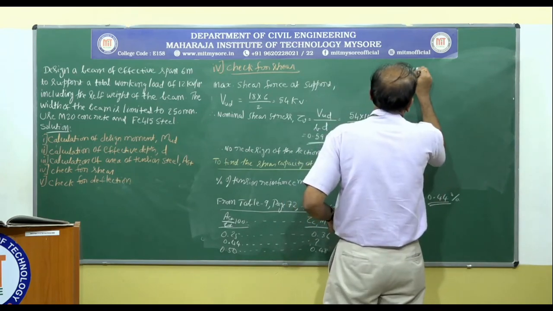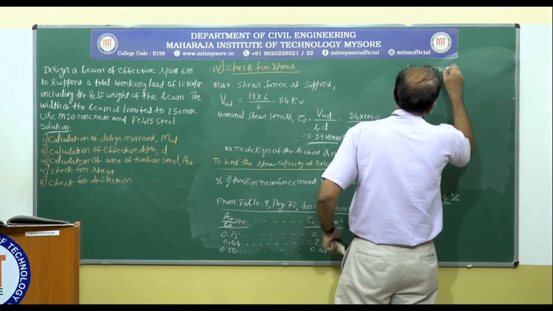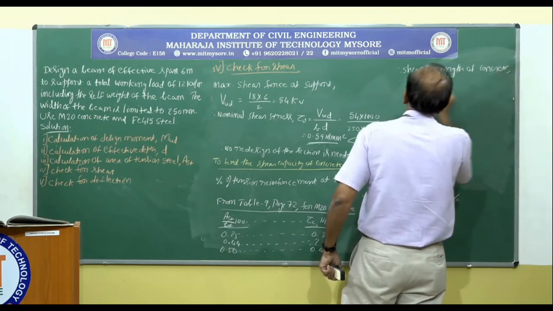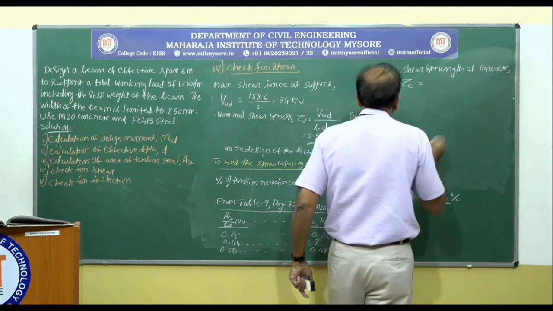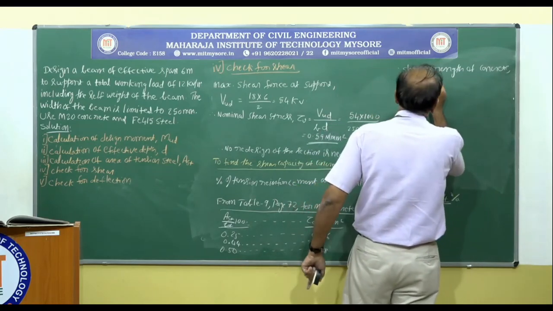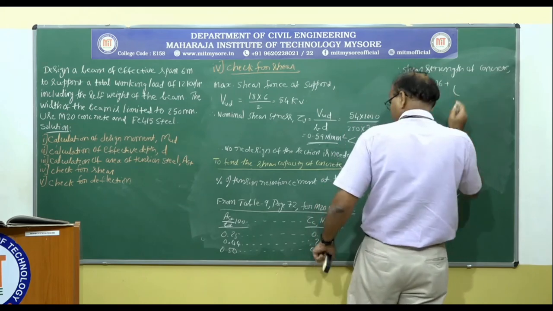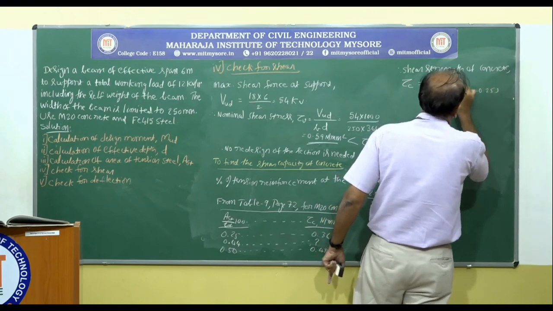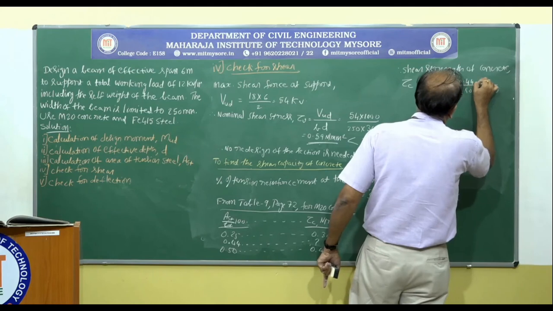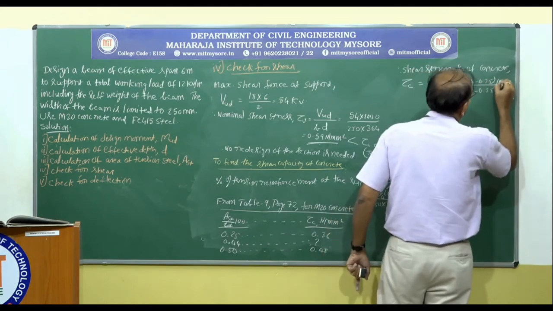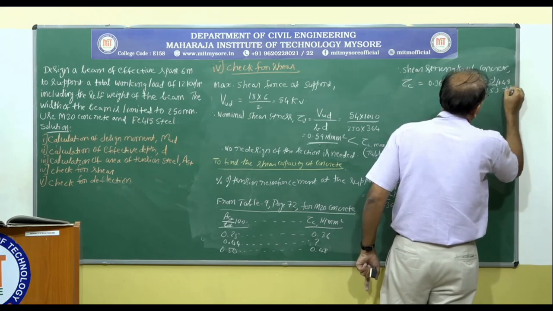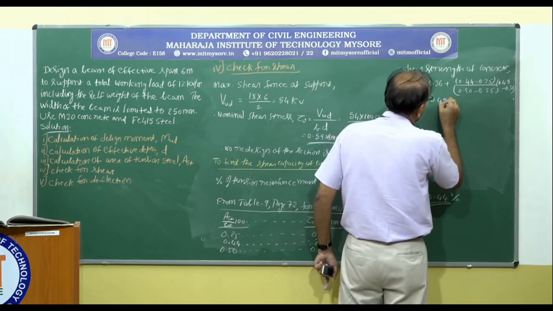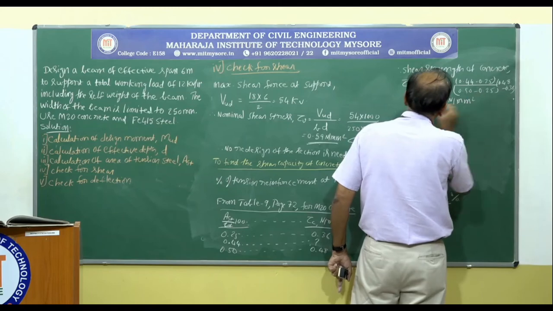Therefore, shear strength or design shear strength of concrete is tau C equal to 0.36 plus (0.44 minus 0.25) divided by (0.50 minus 0.25), multiplied by (0.48 minus 0.36), that is tau C equal to 0.45 Newton per millimeter square.